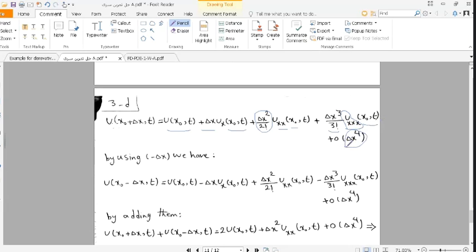We write the Taylor theorem up to order delta x to the power 4.